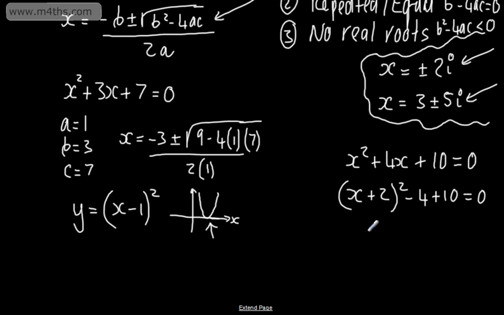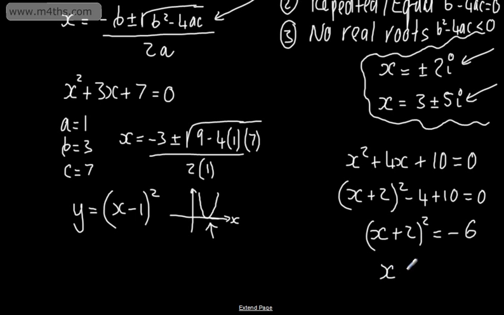At this stage, you can see that by conventional methods, we have a situation where we can't square root a negative number, because I'm going to have over here negative 6. But what we could do is square root both sides. The square root of negative 1 gives us the complex number i.